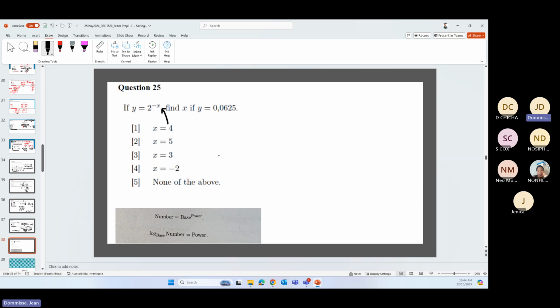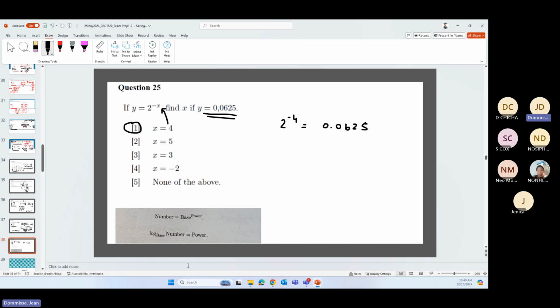That could be a way of checking the answer. If I do that, 2 to the power of minus 4, I actually get that answer. So if x is minus 4, that gives me the answer of 0.0625. So I know my answer is option 1.